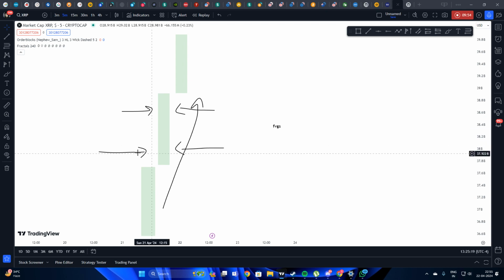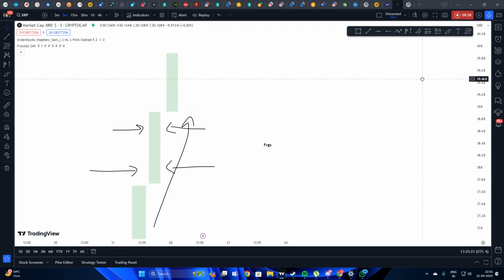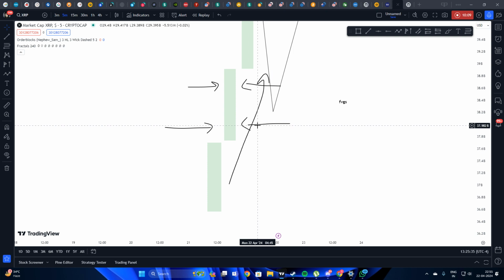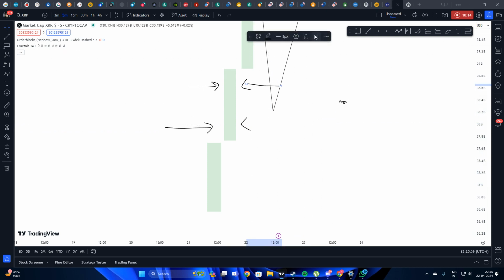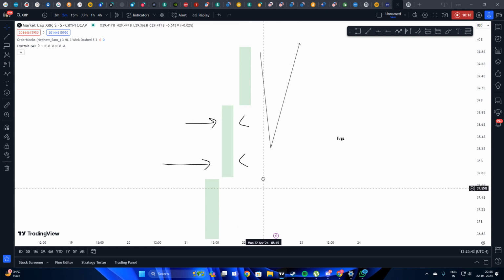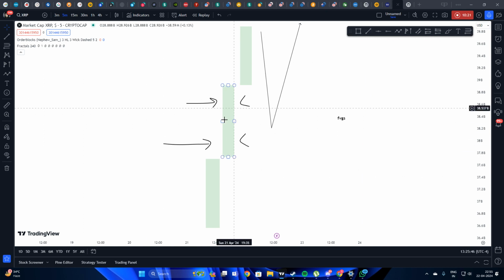It depends, though. In this case, when an FVG is formed, the market usually visits this gap and then goes up. Now, how do you identify the gap? It's simple. When three candles are formed, let's say there are no wicks in here, these are all wickless, bold candles.